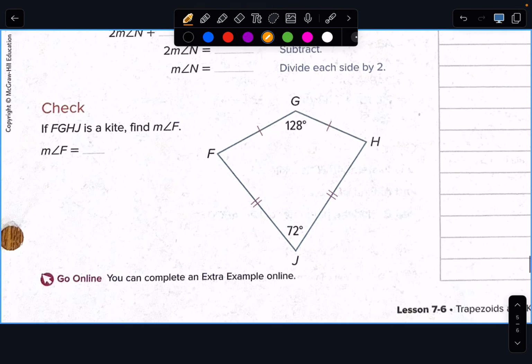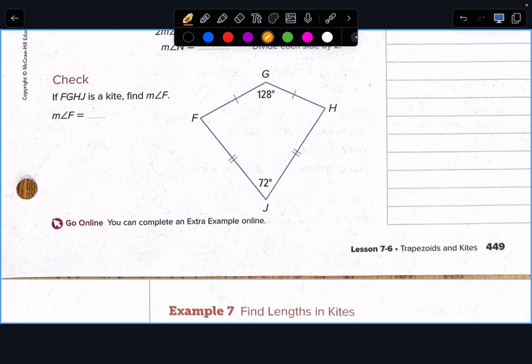Okay, find me angle F in the check. Chase, what'd you get? Do you agree with 80 degrees? I do agree. Cool. All right.